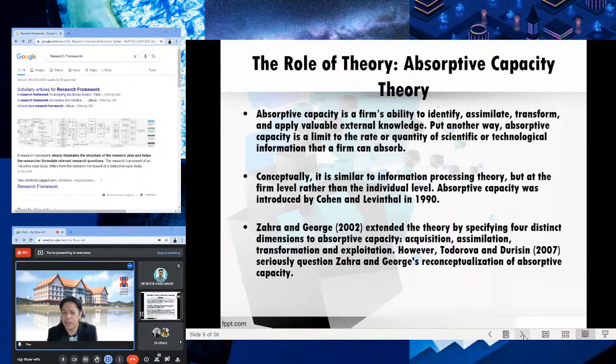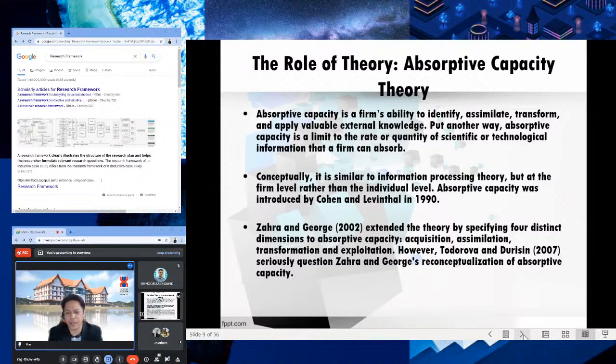The second one, conceptually, is similar to information processing theory. So this is also a part of these theories, introduced by Cohen, and the theory specified the distinct dimensions of absorptive capacity: acquisition, assimilation, transformation, and exploitation.